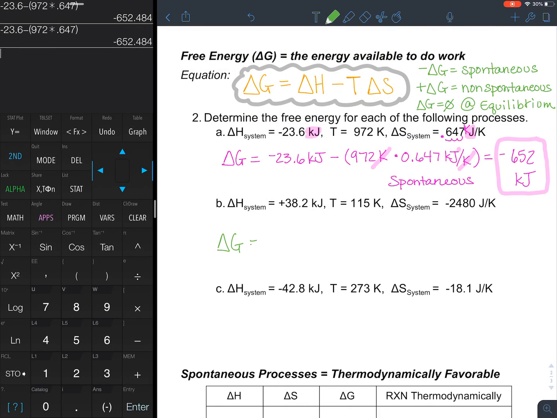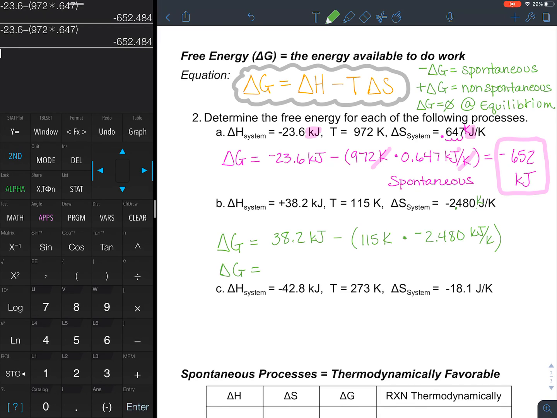For the next process, we have a positive value for delta H for our enthalpy, so 38.2 kilojoules minus 115 Kelvin times, and we're going to divide this, so our decimal will go here, and that'll make that kilojoules, negative 2.480 kilojoules per Kelvin.